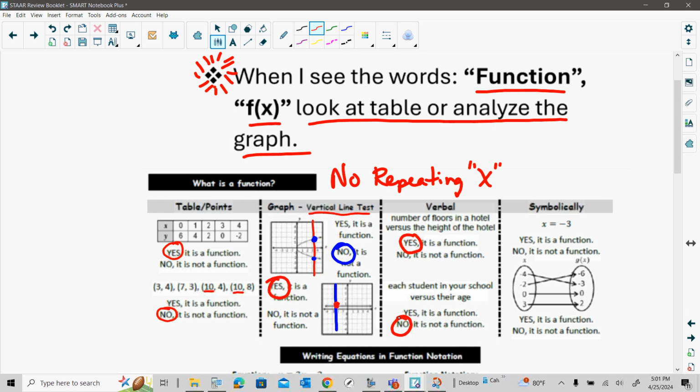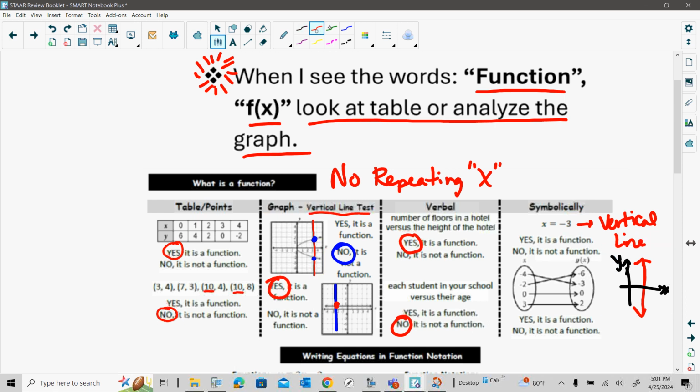And symbolically is going to be an equation. And hopefully you recognize that this equation is a vertical line. So we got to think about that. If I'm doing the vertical line test, so like we have a vertical line like that, I'm just going to add an x and a y axis. Okay.